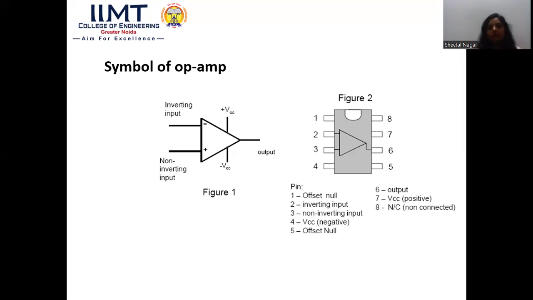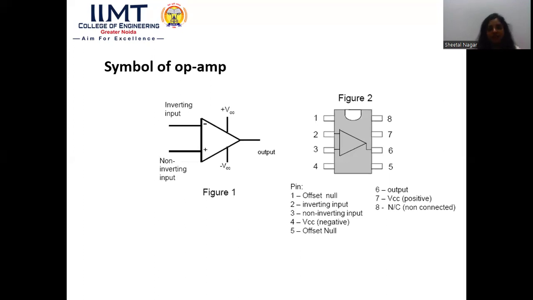In figure 2, this is the representation of the operational amplifier integrated circuit, that is 741. This is the pin diagram of the IC representation for the operational amplifier. The IC contains 8 pins, as shown in figure 2.